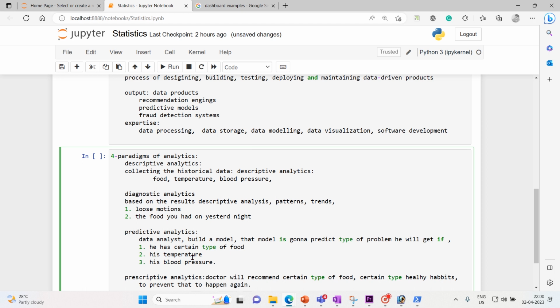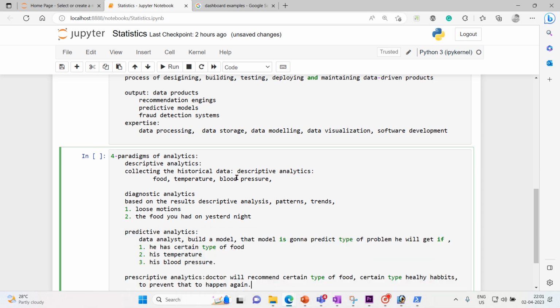Same thing in business also. After prescriptive analytics, the goal is to provide actionable recommendations that can be used to optimize outcomes and achieve specific goals. So these are the four paradigms of analytics.